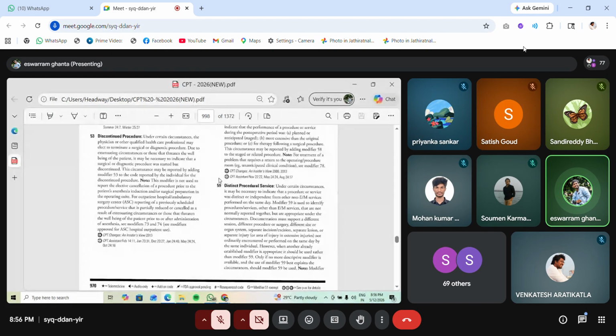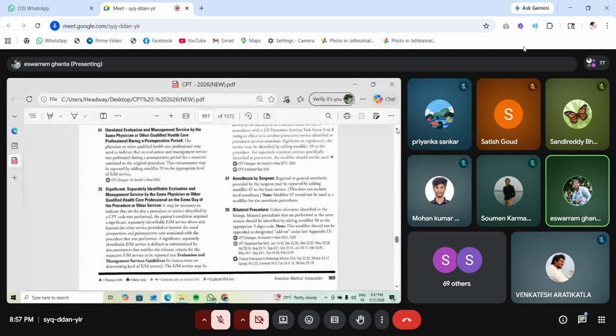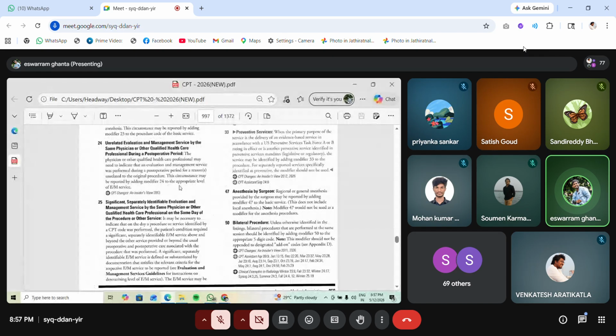In that scenario, you can give the 59 modifier. But in the case of 25, it is a significant, separately identifiable evaluation and management service that is not related to the other service. In that scenario, you can give the 25 modifier.